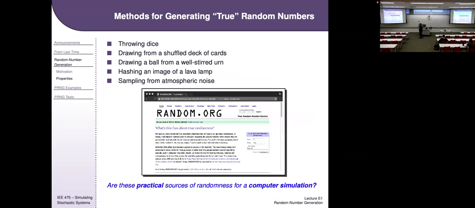So there are other options very similar to that that are a little bit more practical. If you go to random.org, a lot of my empiricist friends, when I set up experiments in the real world, they randomize using random.org. It's a standard method. And random.org actually samples from atmospheric noise. So it goes out and sees pressure variations and temperature and those sorts of things, and turns those into random numbers.